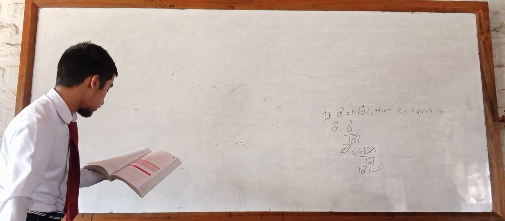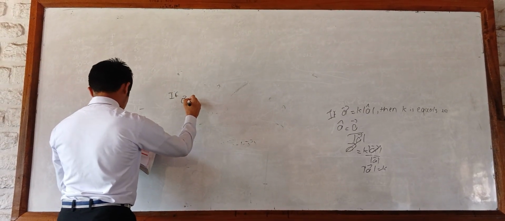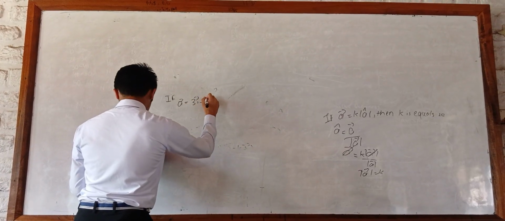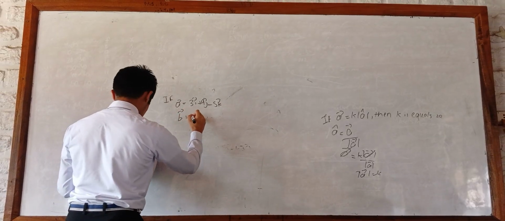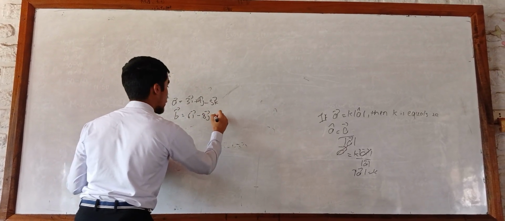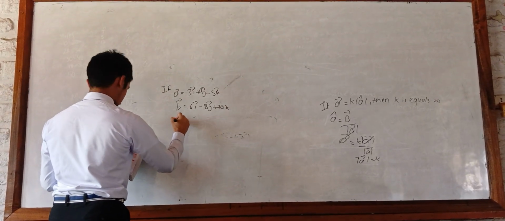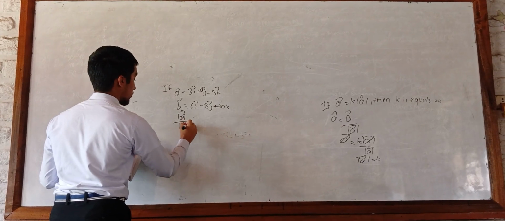For another question we have: if A vector represents 3I vector plus 4J vector minus 5K vector, and B vector equals 6I vector minus 8J vector plus 10K vector, we have to find the ratio of modulus of A vector by modulus of B vector.